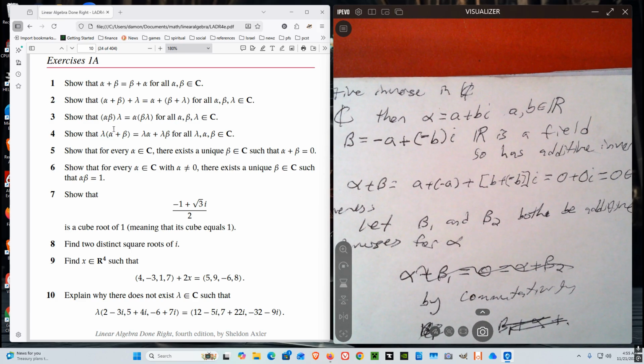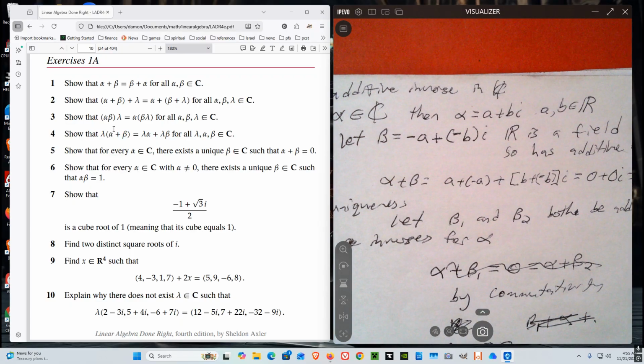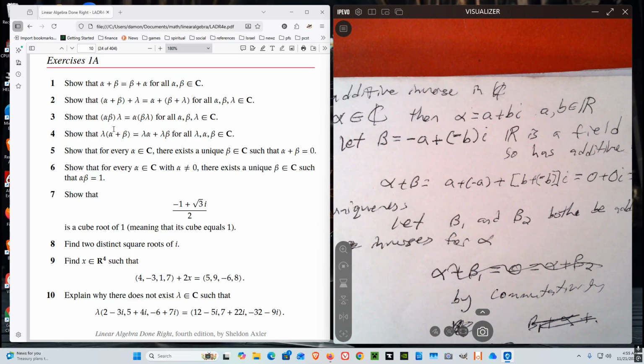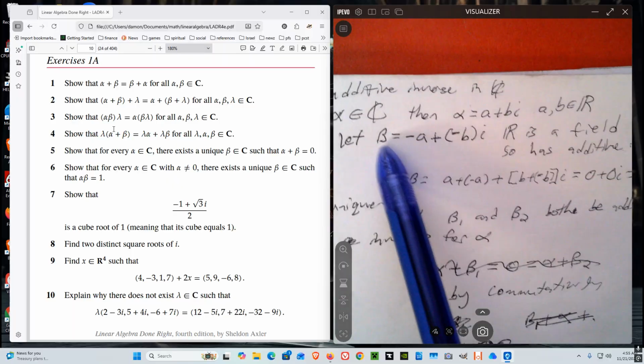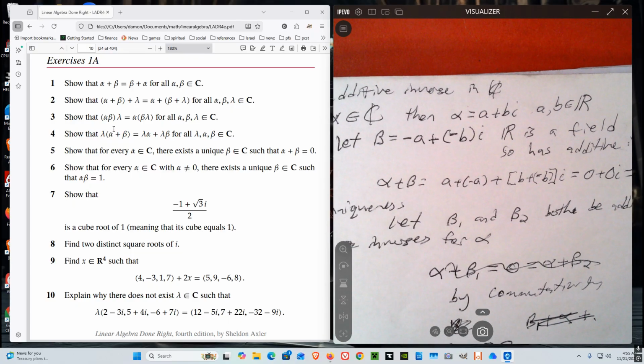So, you know that A plus negative A in real numbers is 0, and B plus negative B in real numbers is 0. So all I need to do here is make beta to be negative A, negative B. We'll prove uniqueness later.